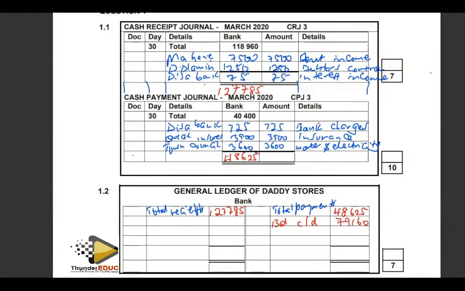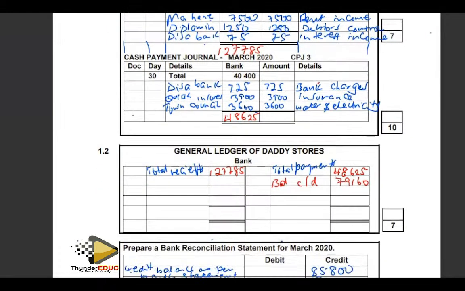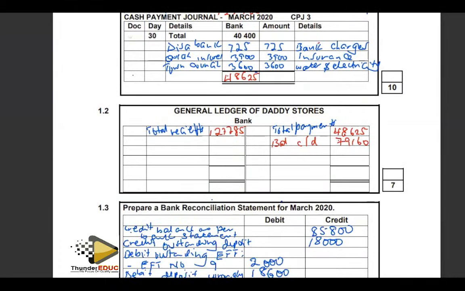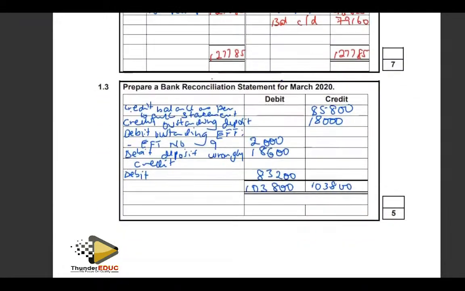I'm wondering why it's not balancing off. I'm wondering why my balances are not the same. Maybe we left out something. Okay, let's take it like that, 1,277.85. I wanted to show you something. Let me add these figures again.